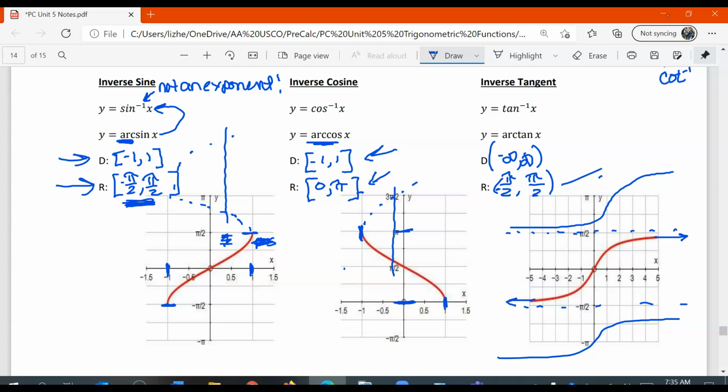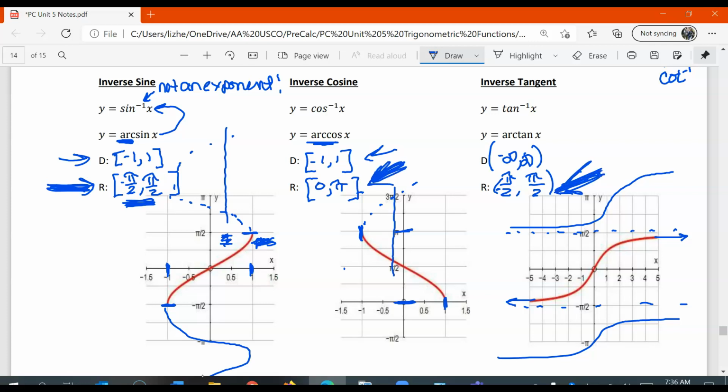So we limit our range on our inverse tan. We limit our domain and range on the others, although limiting the domain is a little bit redundant because the domain's never going to go beyond that. So the most important thing on all of these is that we are limiting our range.